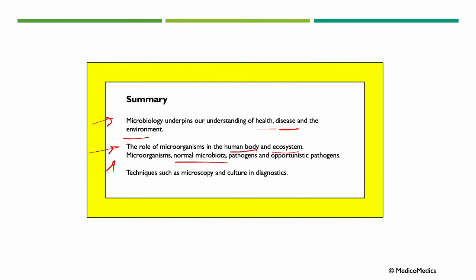We mentioned normal microbiota, pathogens, opportunistic pathogens, etc. Furthermore, we have techniques such as microscopy and culture in diagnostics. We can also add the use of vaccines, the use of antibiotics, antivirals, etc. in treating these different infections caused by these microorganisms.